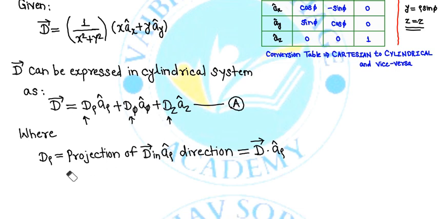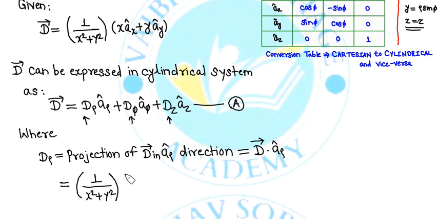Okay, fine. Now we are going to rewrite that. Very firstly, we write your given vector D. I am going to keep the first bracket as it is, the 1 upon x square plus y square, or you can say the inverse of x square plus y square.